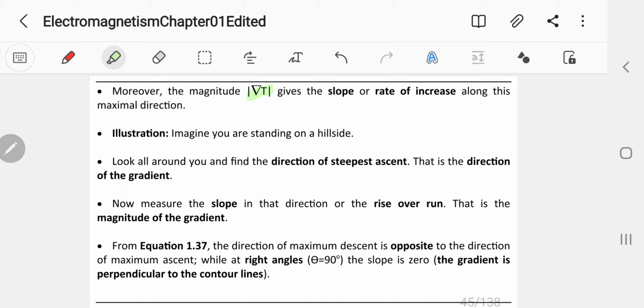So if you have like a mountain, then you can get the gradient of T. A mountain could be a three-dimensional summit. That could represent a function.